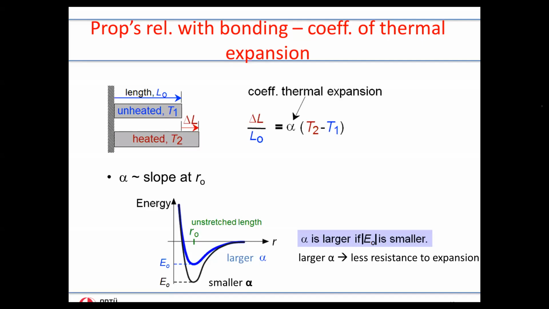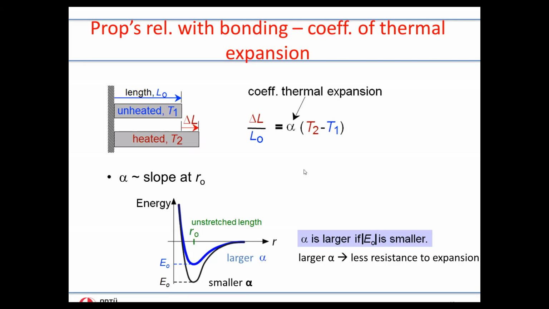Another example of a property of real materials that is related with bonding at the atomic level is thermal expansion, or the coefficient of thermal expansion. So the coefficient of thermal expansion describes the ease or difficulty with which a material changes its length due to an applied increase in temperature.